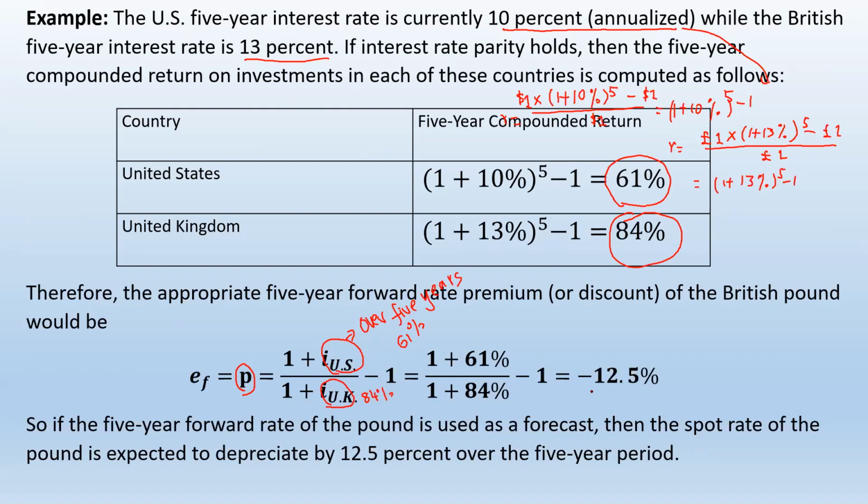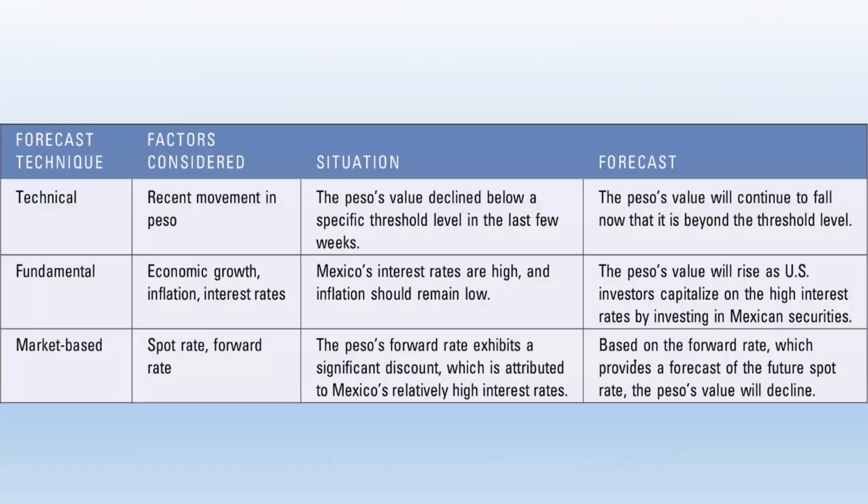So we will find the percentage change of the British pound over the next 5 years will be negative 12.5%, which means because the UK has a relatively higher interest rate, the British pound will depreciate by 12.5% over the 5-year period.